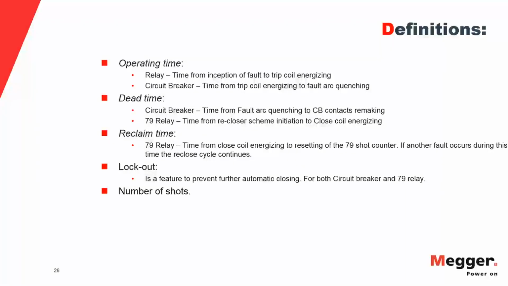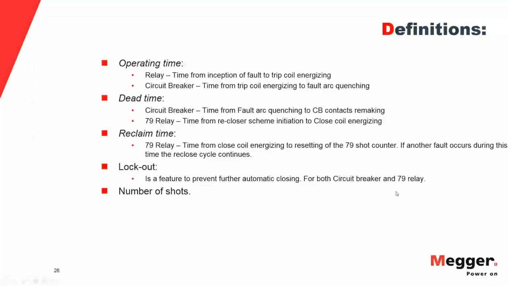It doesn't go from when the breaker opens to when the 79 detects the breaker close. No, it goes from the moment when the relay issues the trip signal to the moment when the 79 issues the close or reclose signal. The reclaim time, well, I already spent time explaining what the reclaim time means.